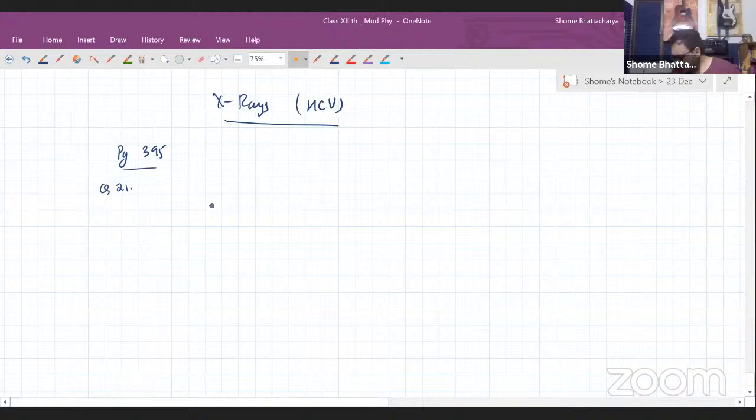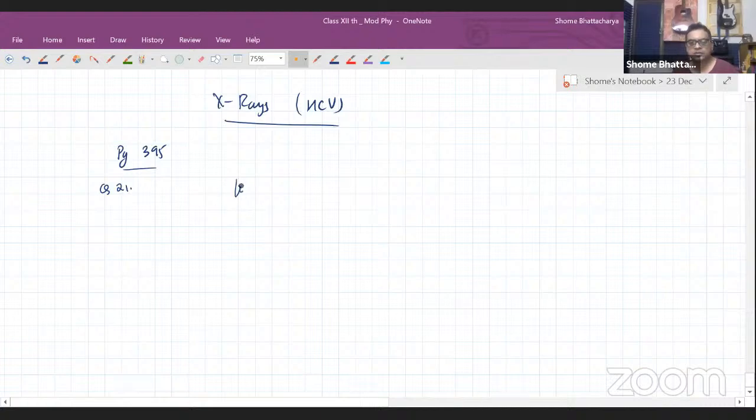Okay, so it's saying that we have a tungsten target, and the energy in keV of the shell containing a vacancy in tungsten.